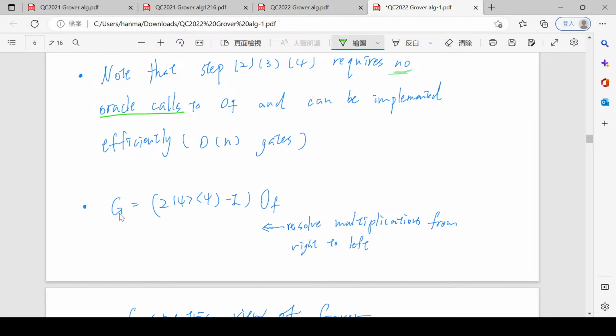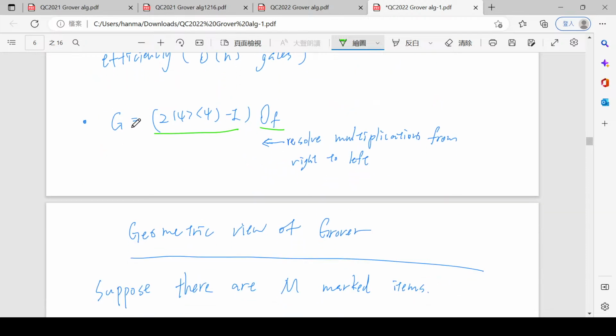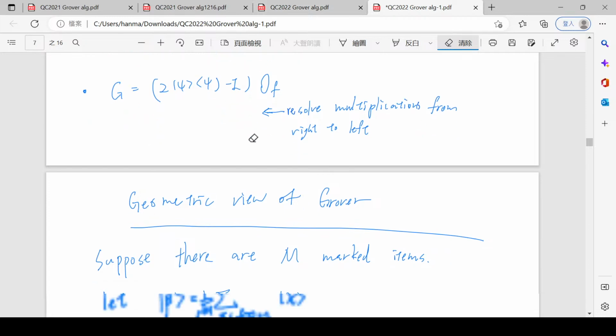Our whole Grover iteration is an oracle call, then this reflection around psi, as we have been saying. The order looks different because when you do multiplication, you resolve from right to left when you apply to some state here. Okay, so that's a Grover iteration.